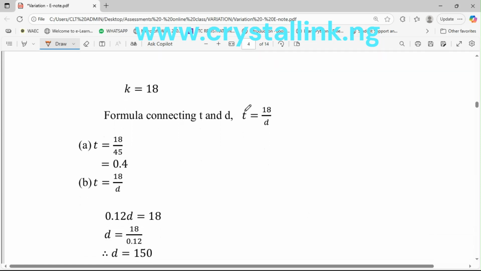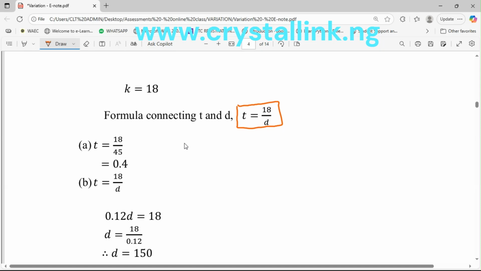So instead of t equal to k over d, it becomes t equal to 18 over d. Why? Because k is calculated to be 18. This is the formula you'll be using going forward in solving the A and B parts of the main question.